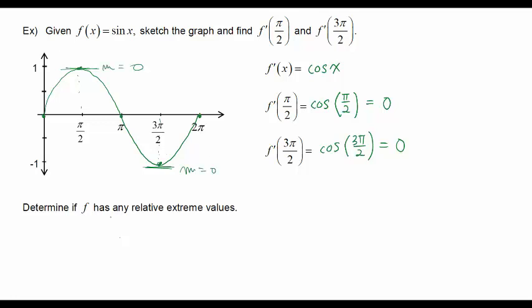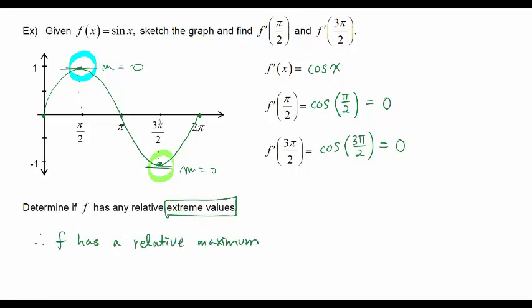And it says determine if f has any relative extreme values. This time you can see you have both a relative maximum and a relative minimum. So f has a relative maximum, and it says find the extreme values. It's not asking where it's happening, just the extreme values, which are the y values. So the relative maximum is the y value, which is 1, and the relative minimum?